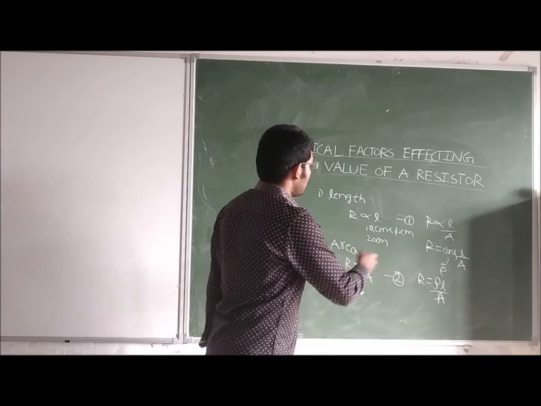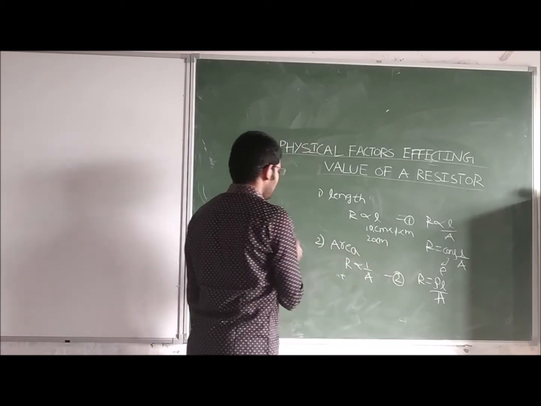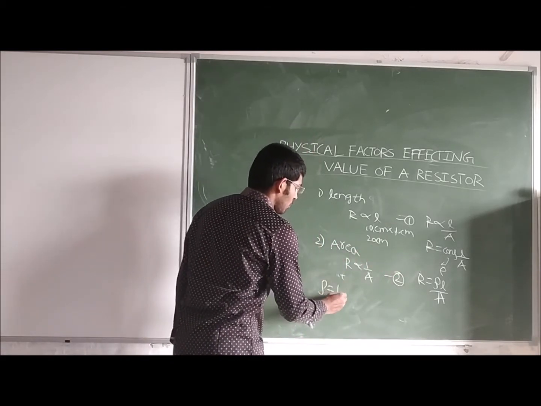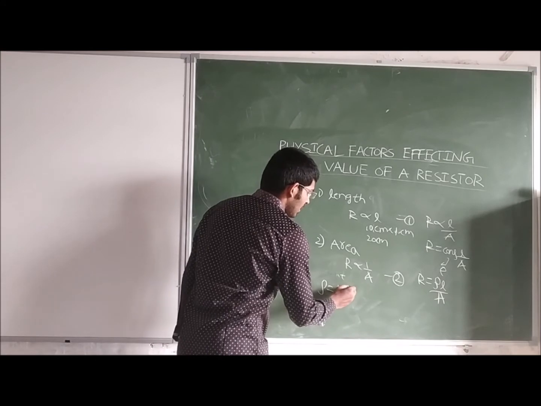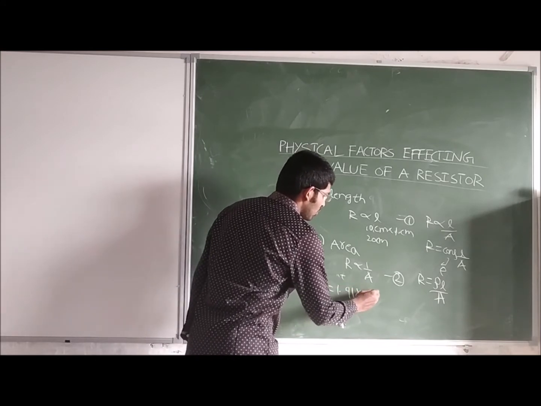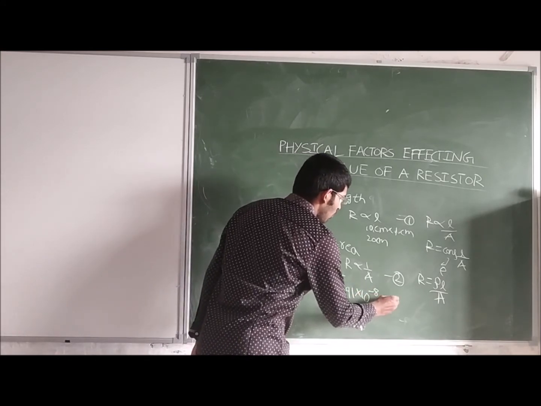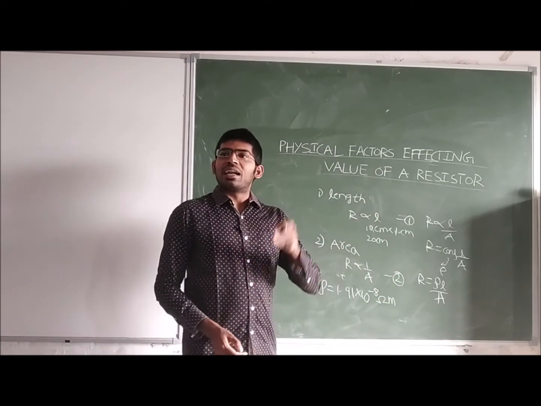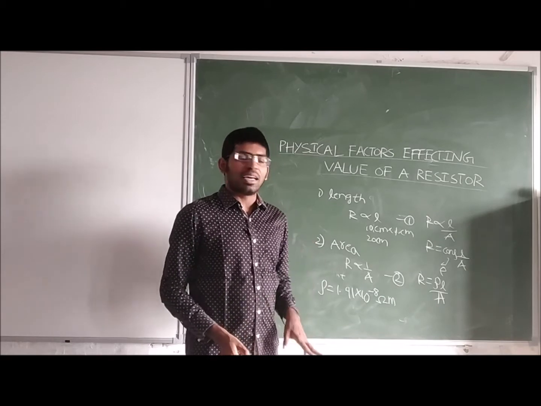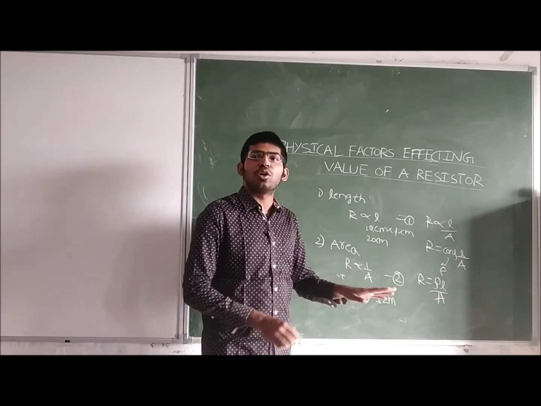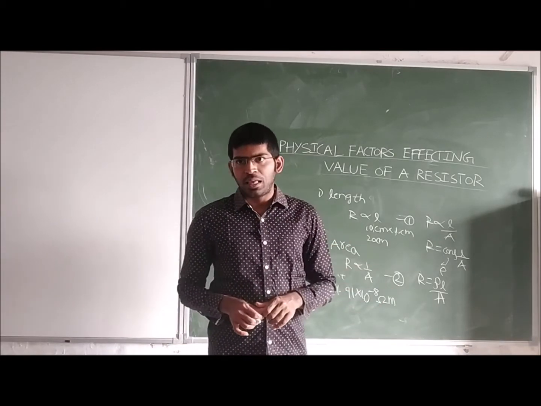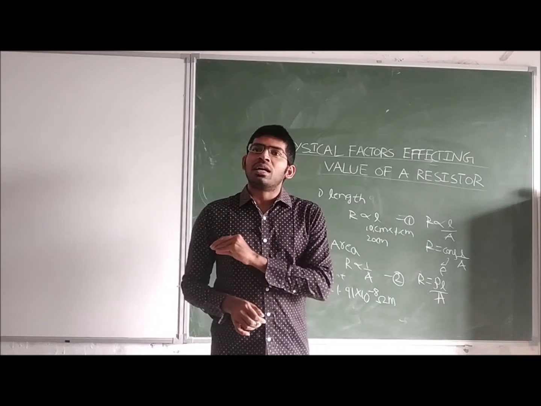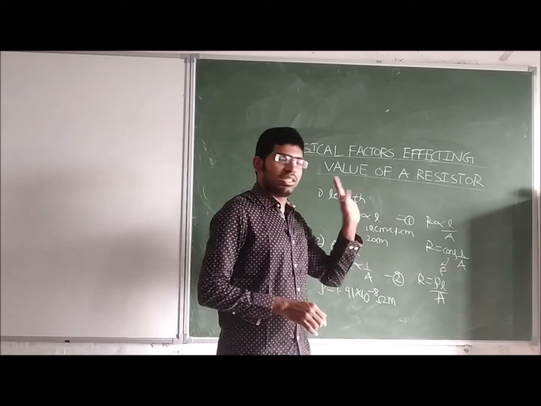For example, for iron, the resistivity value rho is equal to 1.91 into 10 to the power minus 8 ohm meter. If we take 1 kg iron or 10 kg iron or 100 kg iron, the resistivity value remains same. The resistivity value does not change, so it is constant.